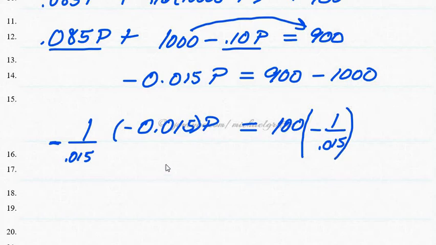Now we're left with P is equal to, so we're about to find out what she invested. And this should have been a negative right here, I just noticed, because a negative times a negative is positive.